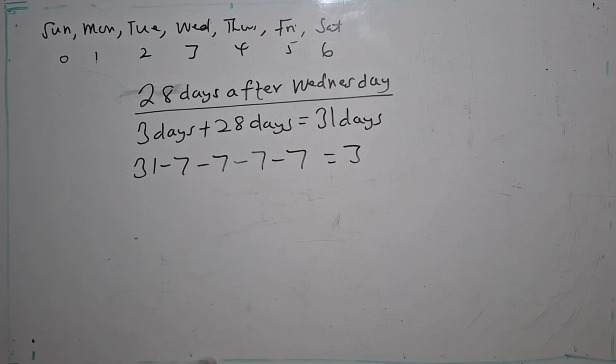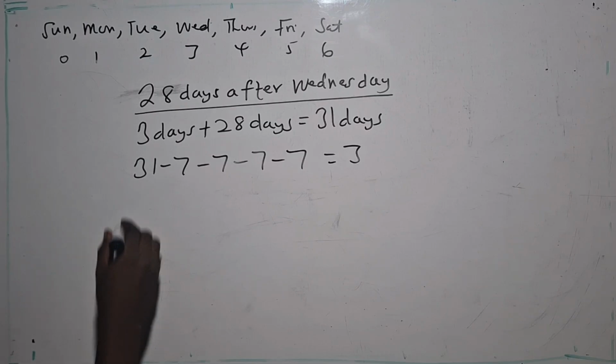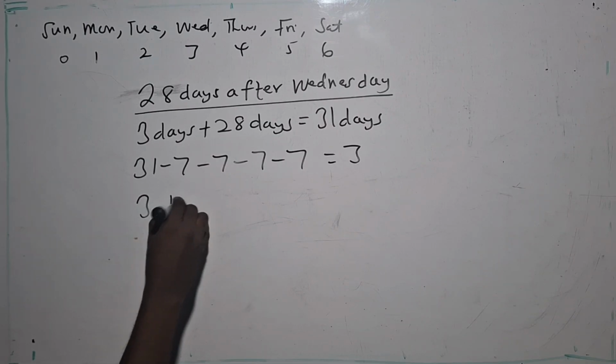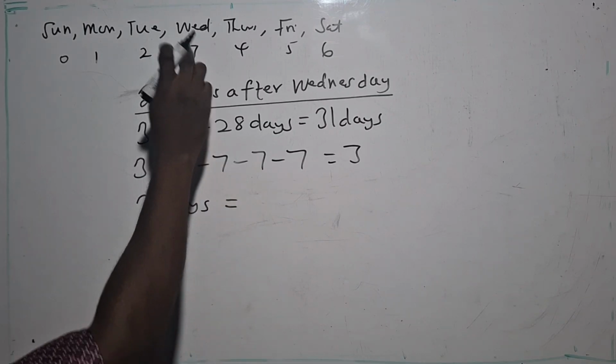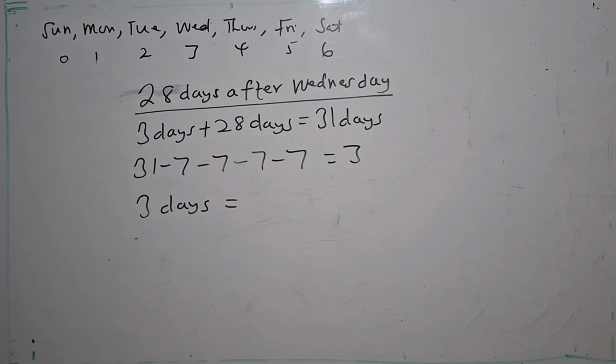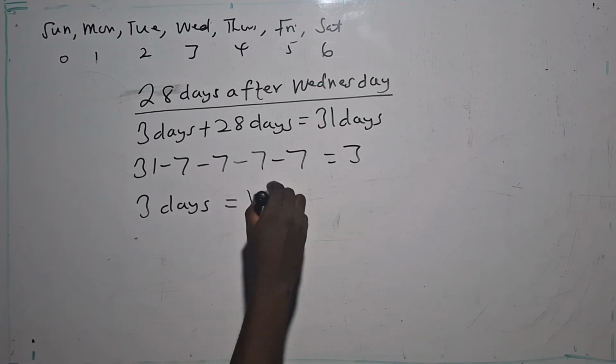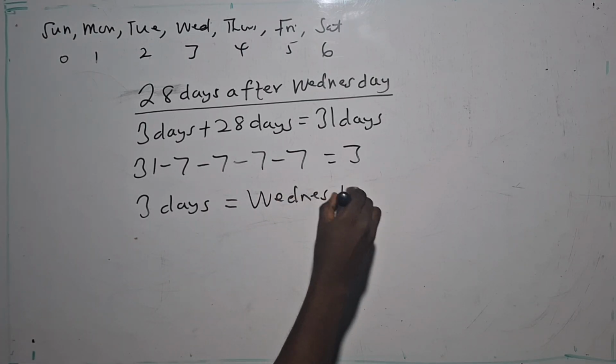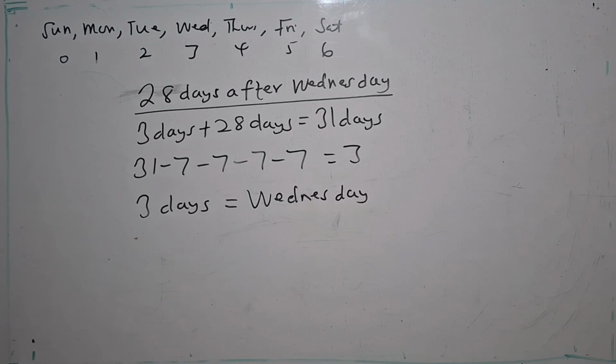Yes, 3, which is less than the 7 days we are using. So 3 days is equal to which day? It's going to be Wednesday again. So 28 days after Wednesday is still Wednesday.